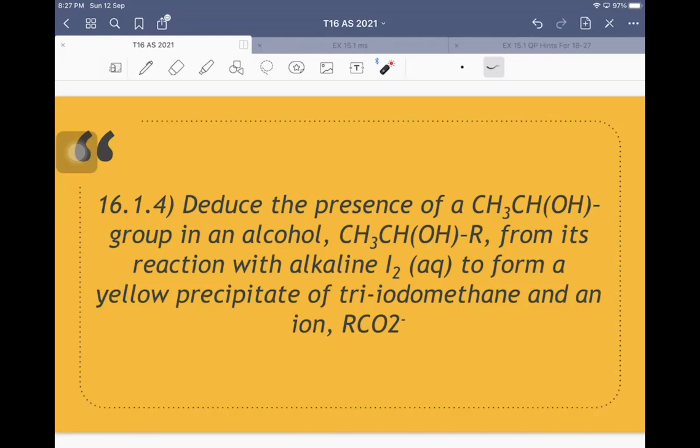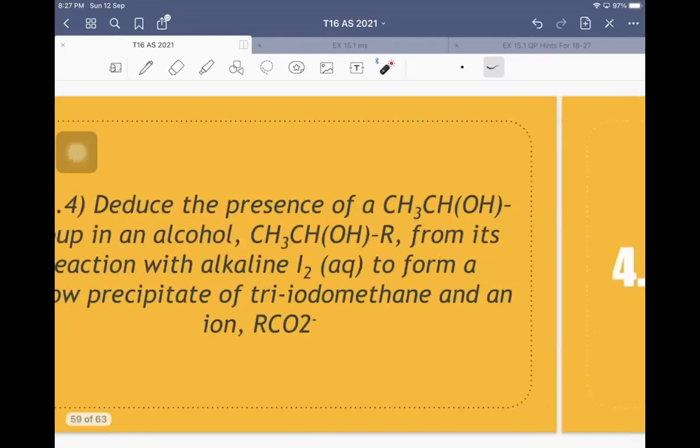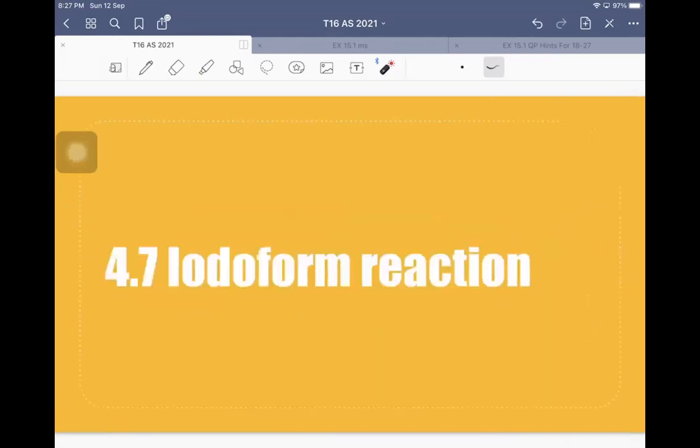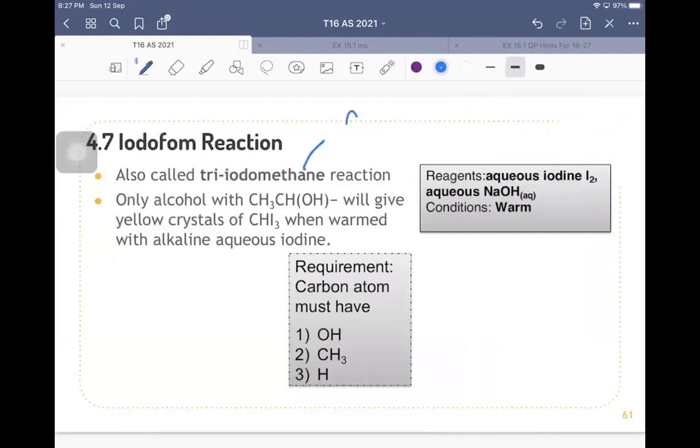But first, this reaction is called the iodoform reaction, or there's another name for it, which is the triiodomethane reaction. The reason for that name is because of the product that gives you the yellow precipitate. The species that gives you the yellow precipitate is a triiodomethane. Triiodomethane is CHI3.